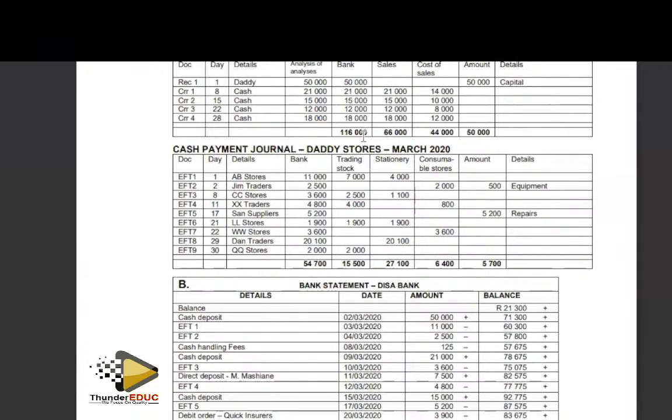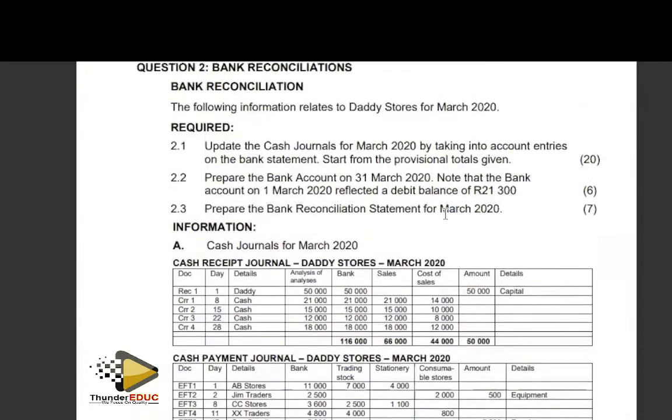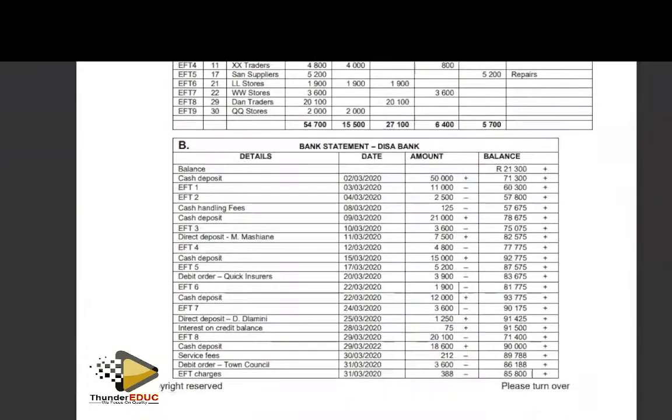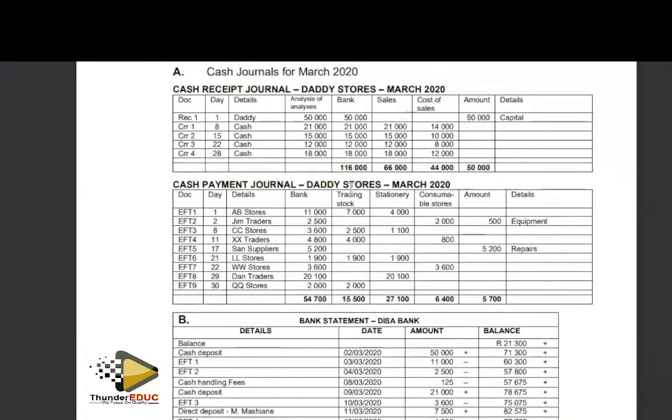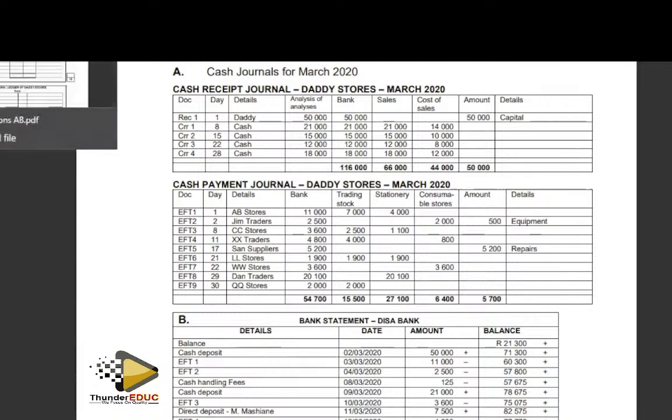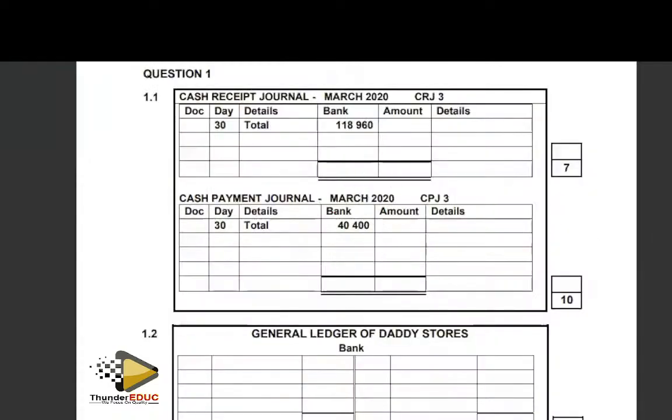I think this was a mistake. Let me see quickly. There was a mistake here. We shall deal with it. That is 11,000, that's the total. I'm going to change it, because we are supposed to start with 116,000, not 11,000. Then when we check the cash payments journal, we are supposed to start with, just a moment.